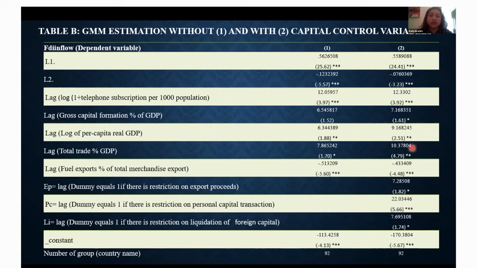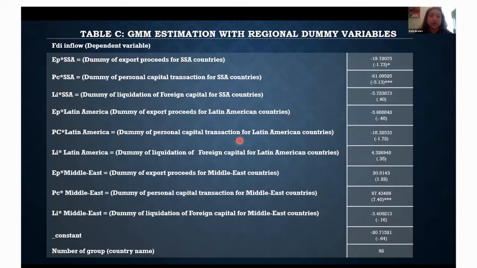Next, we look at the region-specific impact of capital controls on foreign investment. Here, as you can see, I have listed all the regions, starting from Sub-Saharan African countries, then Latin American countries, Middle Eastern countries, etc. And you shall see there is an enormous amount of variation across these regions.